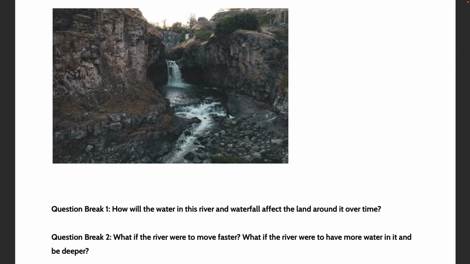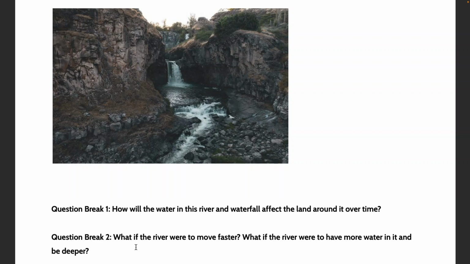So the waterfall might change height. If the water keeps wearing away at this rock ledge where the cursor is, it's going to make that lower. This area up front might get worn down. It might wear out on the side, so it might wear away some of the rock wall and make this a wider area. Some of the rocks over here are going to get broken down, and this water will carry those stones further down.